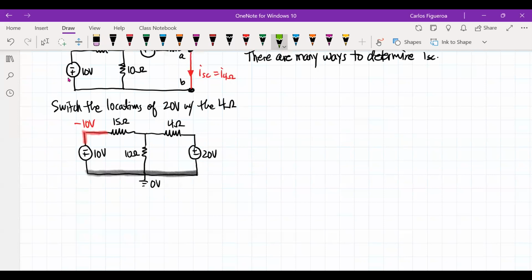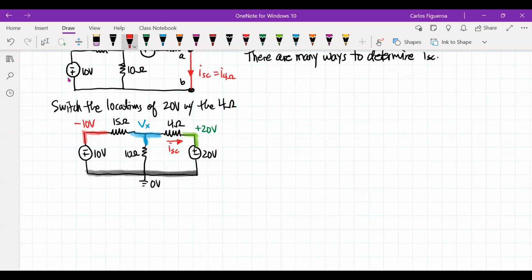And I know what this node is right here. That guy is plus 20 volts. So the only unknown node is this guy right here, and I'm just going to call that Vx. So I can see that if I want to calculate I short circuit, it's this current I short circuit that I'm looking for across that 4 ohm resistor.